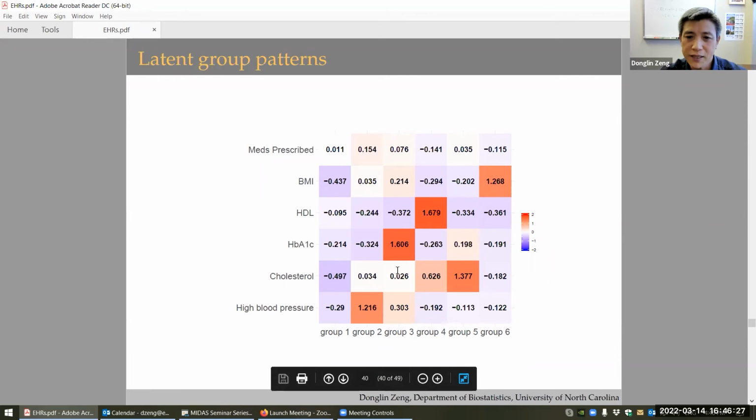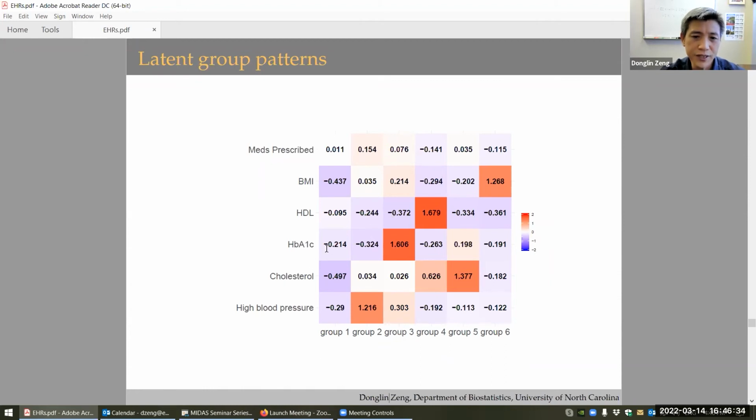For example, I just pick one here. For the third column, the group of 3, you can see the HbA1c level is much higher compared to average, 1.6. This is standardized, so we divide by the standard deviation. But the other biomarkers are not as high as HbA1c. Which means this group of patients is really diabetic patients, I would say with a very high risk for diabetes.